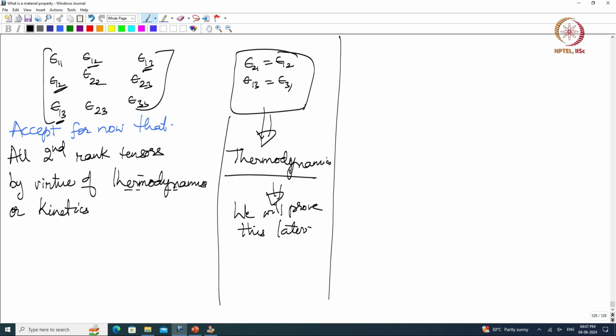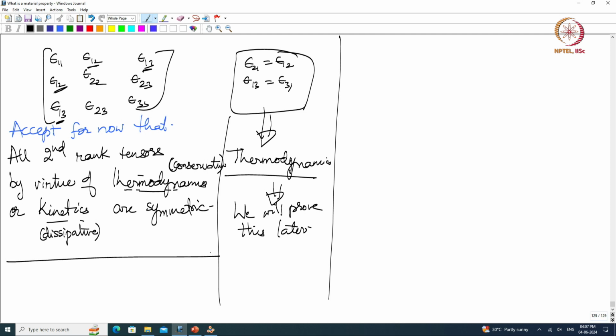This is for all the equilibrium properties and this is for all the dissipative properties. So these are dissipative properties and these are conservative properties. This is going to be our next module. We are going to agree to this fact for now.